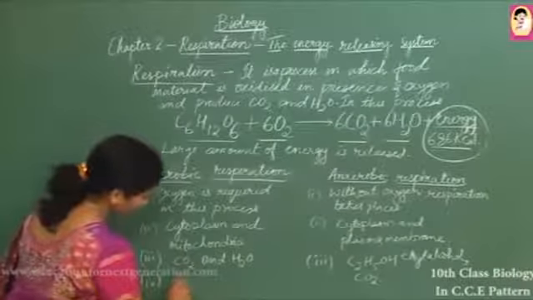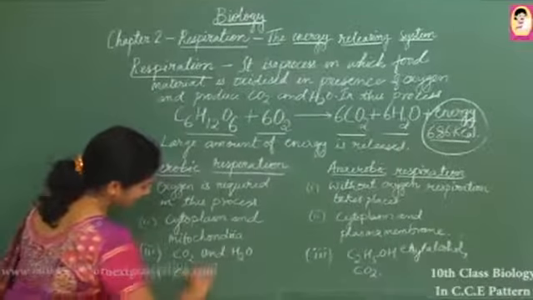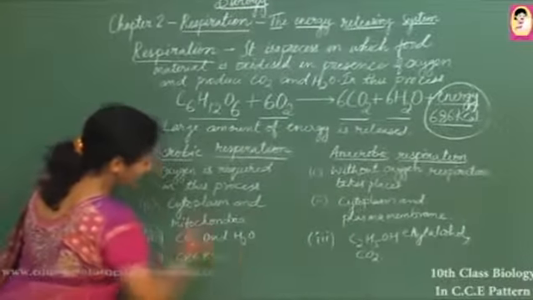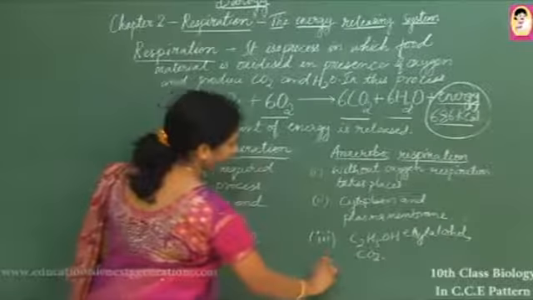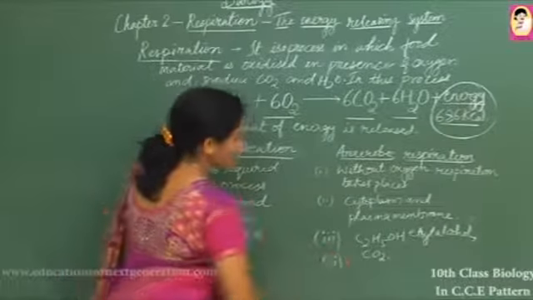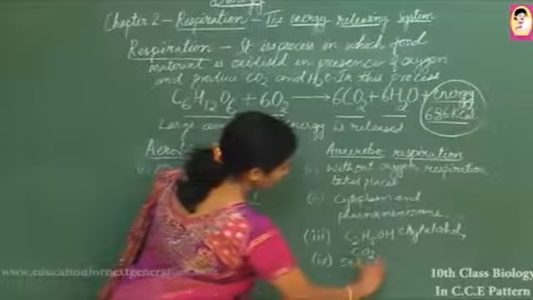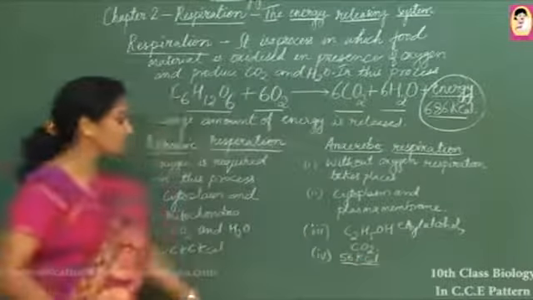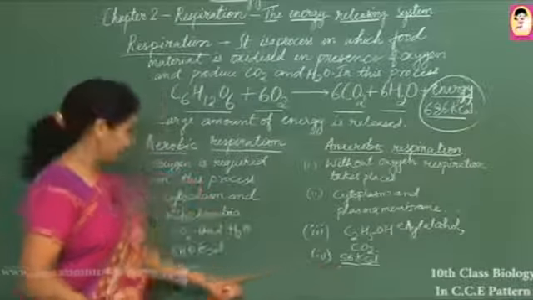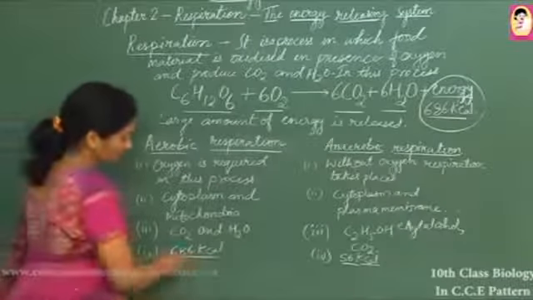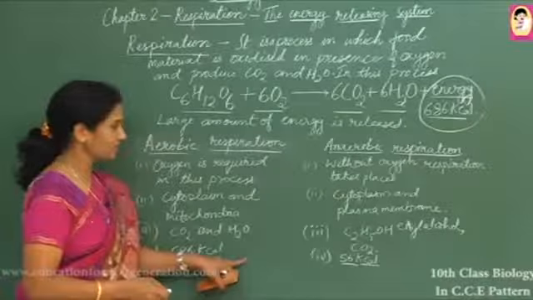A large amount of energy, like 686 kilocalorie, is formed in aerobic respiration. Here in anaerobic respiration, only a small amount of energy, like 56 kilocalorie, is formed, which is equal to 2 ATP molecules, whereas aerobic is equal to 38 molecules of ATP.